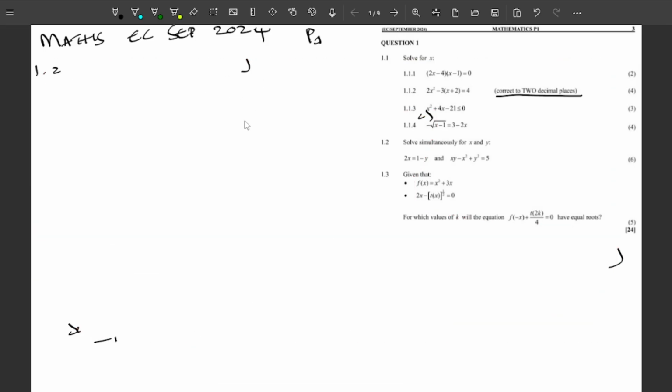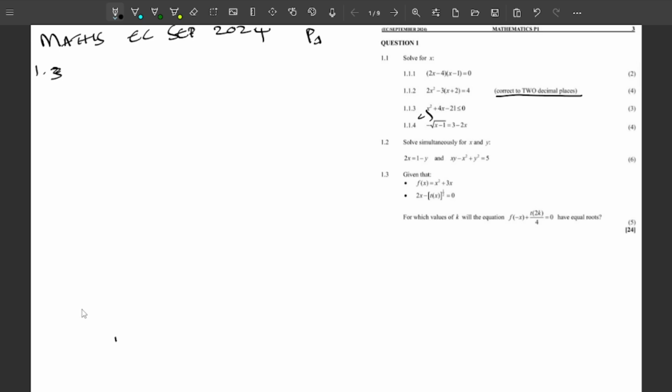So the next question, it's 1.3, it states, given that f of x is equal to x squared plus 3x, and point number 2, then 2x minus the square root of t of x equals 0.